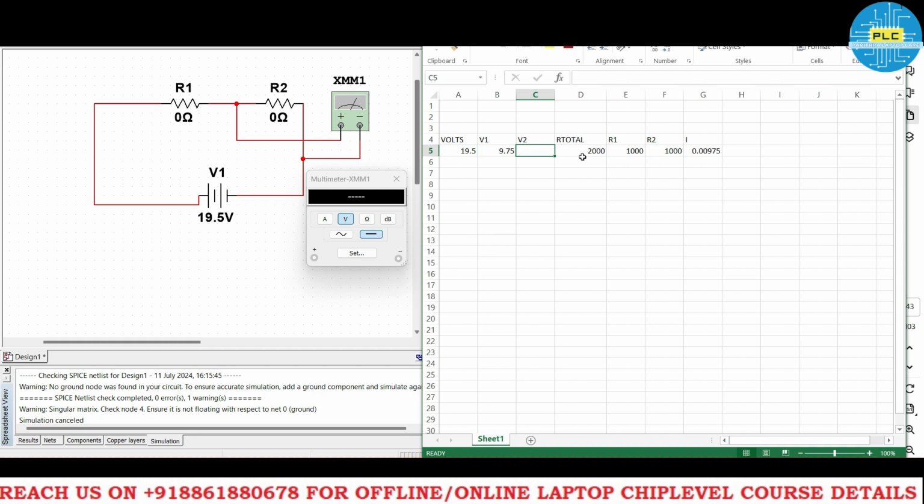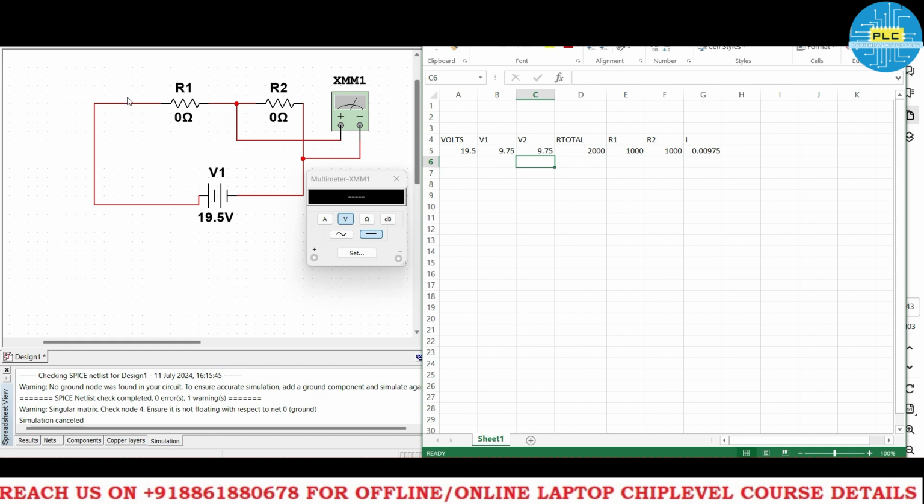Now for V2, we apply the formula I into R2. Here also 9.75, correct. The voltage across R1 and R2 will be equal because R1 is 1K and R2 is also 1K. In that case, you will always get equal voltage.